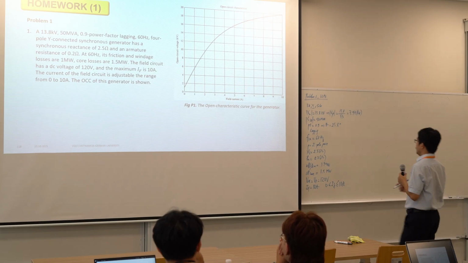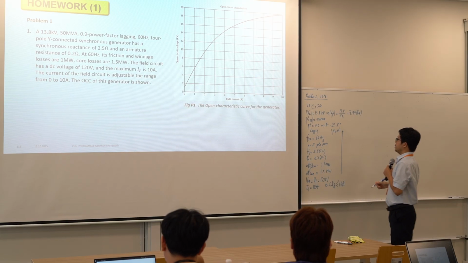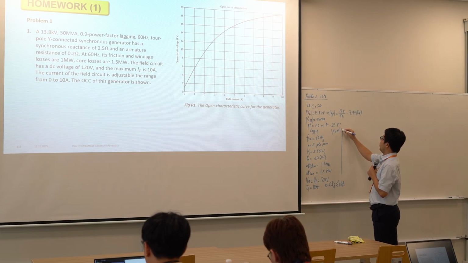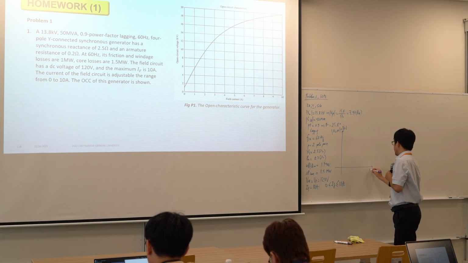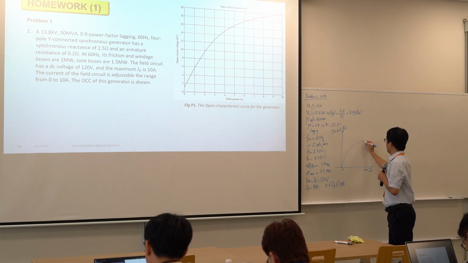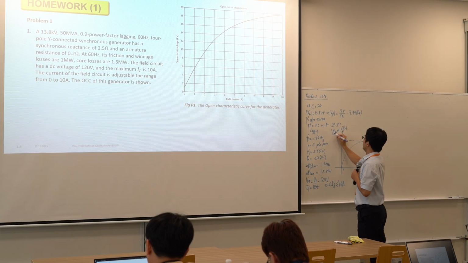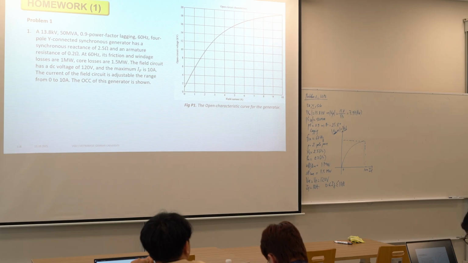Based on the curve, remember this is VL open circuit, the line open circuit voltage, or EL, and this is IF from 0 to 10 amperes.